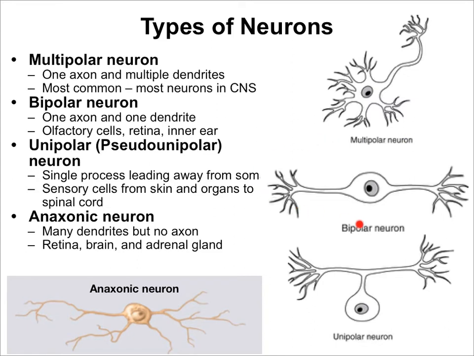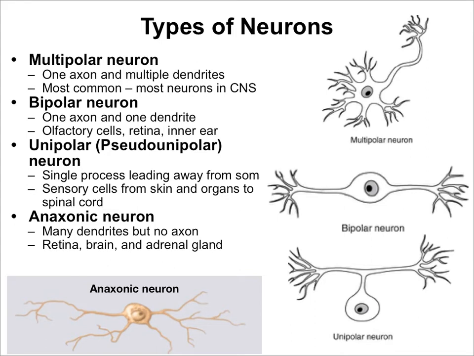Next, we have a bipolar neuron. That means that the soma has 2 projections coming off of it. One will be a stalk that will usually lead to a group of dendrites, and the other will be the axon that leads to the terminal arborization and junction with whatever is down the end of the road.